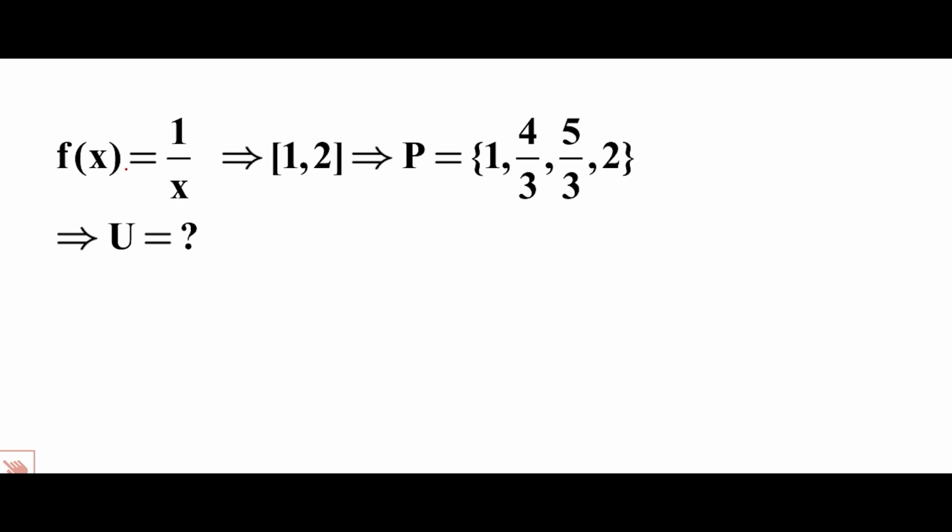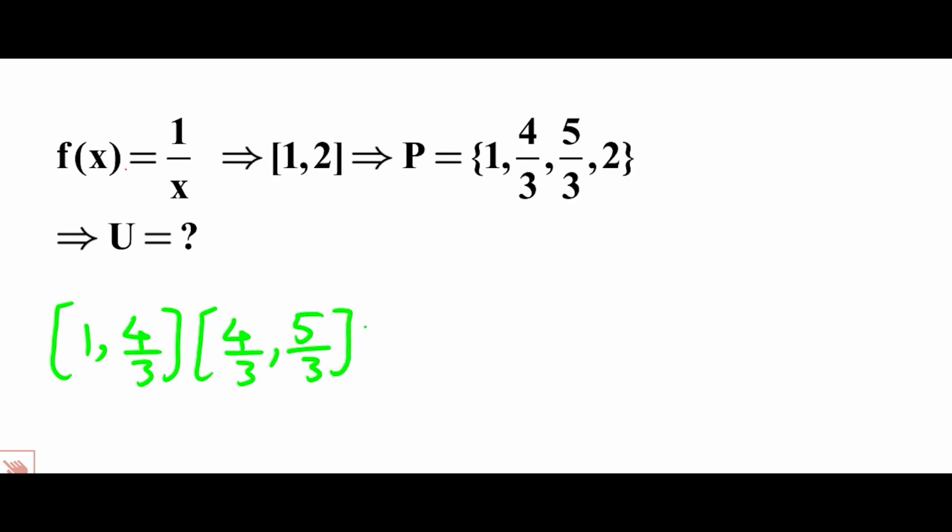f of x equals 1 over x on the interval 1 to 2, when the partition is 1, 4 over 3, 5 over 3, and 2. So find the upper sum. First write the subintervals: 1 to 4 over 3, 4 over 3 to 5 over 3, 5 over 3 to 2.